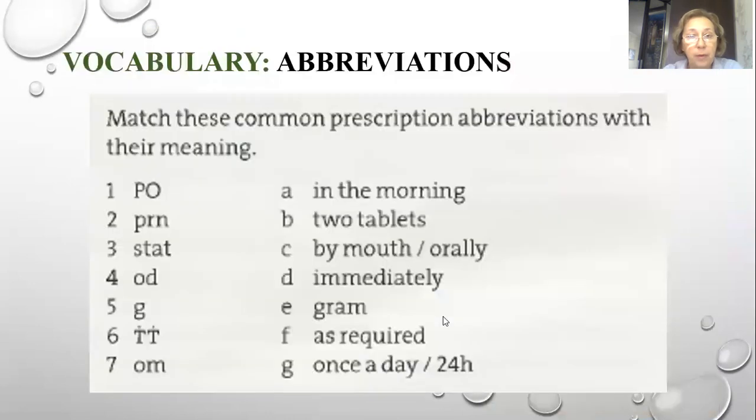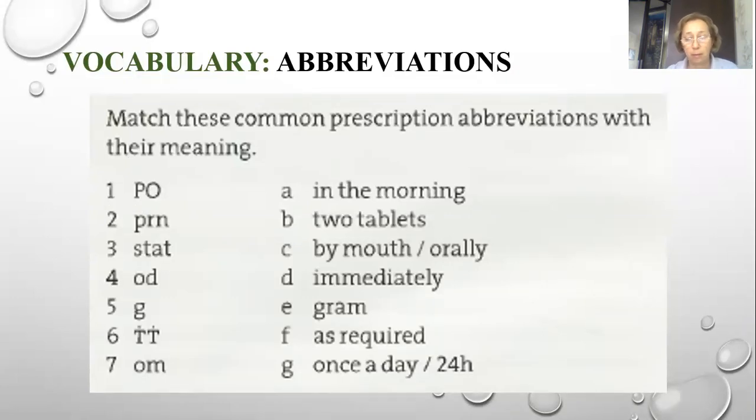And if we move to the next slide, here we have some common prescription abbreviations, and we should understand the meaning of these abbreviations. As you see, the meanings are given to the right, and let us think about this. For example, number 1, PO.